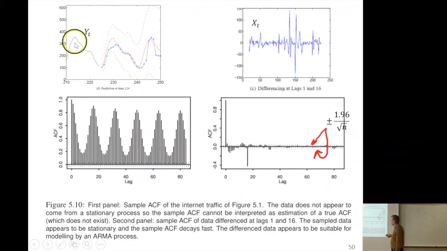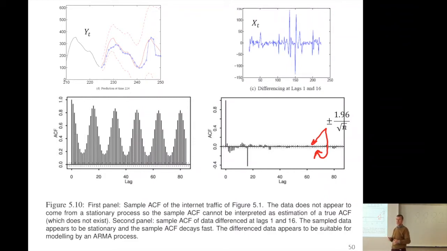Now, what am I doing here? I took the red data and I computed the autocorrelation function. And I have something that is the sample autocorrelation function, but it should not be interpreted as an estimate of some statistical parameter of the time series, because the time series is obviously non-stationary.